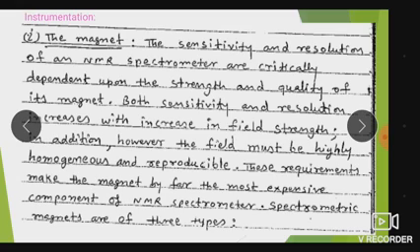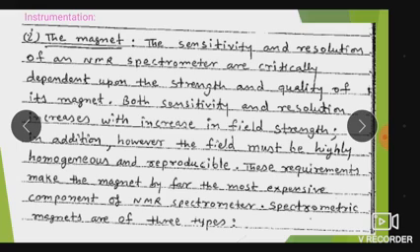Both sensitivity and resolution increase with increase in the field strength, H0. In addition, the field must be highly homogeneous and reproducible.